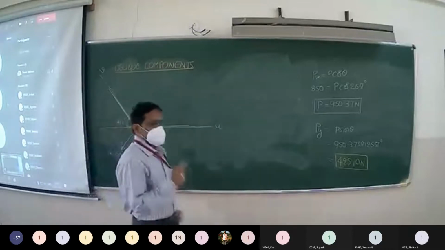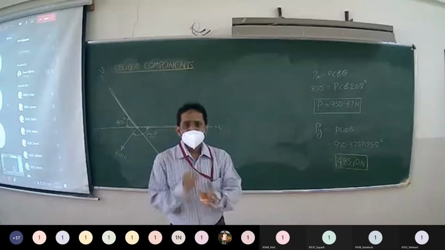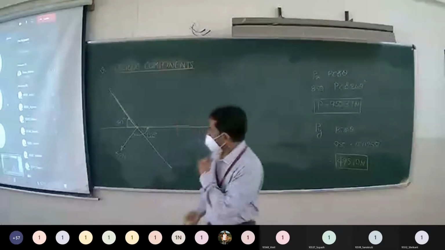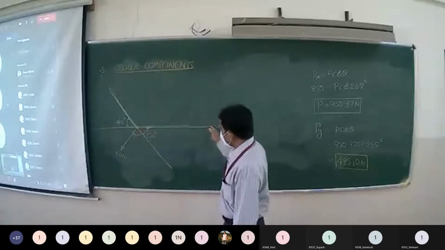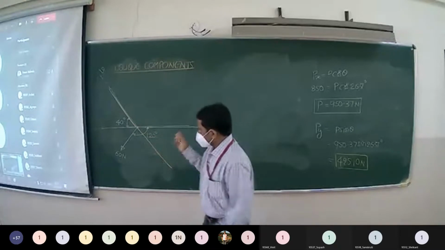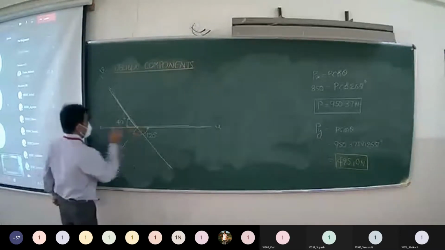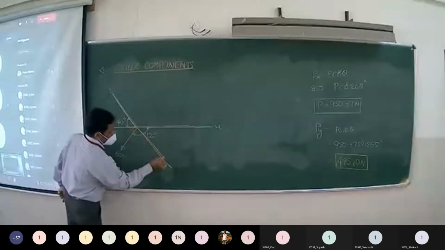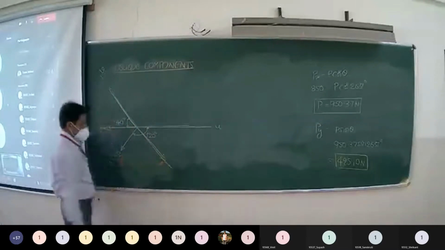Remember, while resolving a force into two components, you have to see that the force is lying between those two components. So this is our force 60 Newton. It is to be resolved along U and V axis. That means the component of 60 Newton along U is towards left and the component along V axis is downwards.